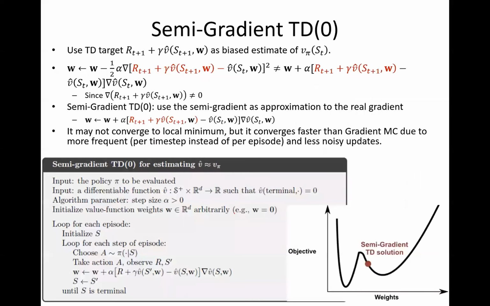So for TD, you are using the TD target as a biased estimate of V pi, as opposed to the G for Monte Carlo, which is unbiased.